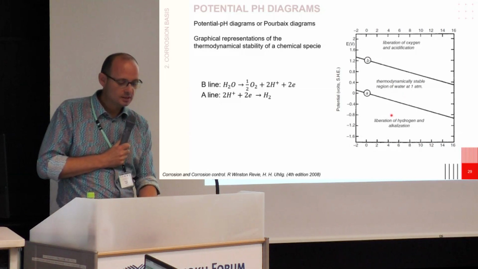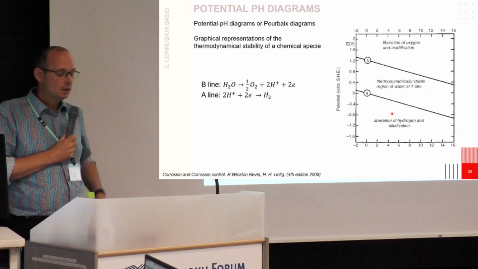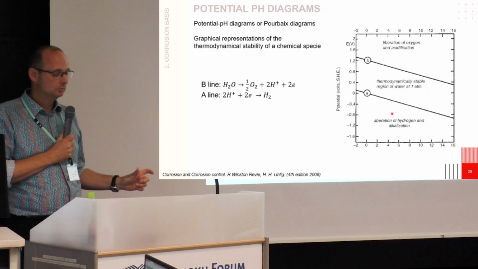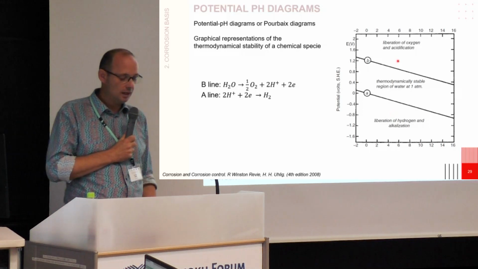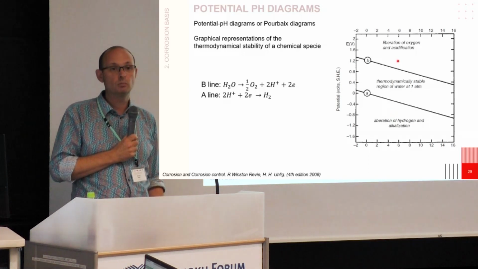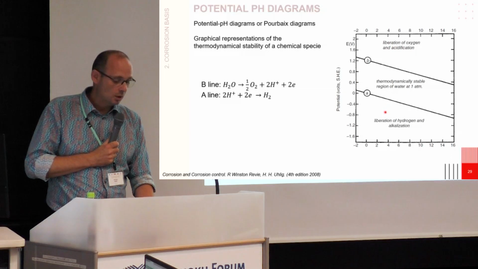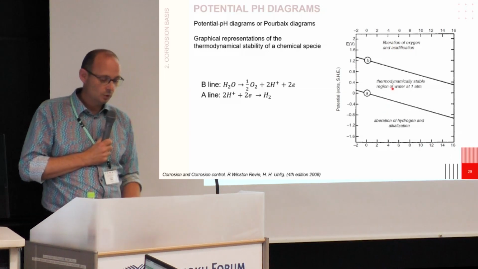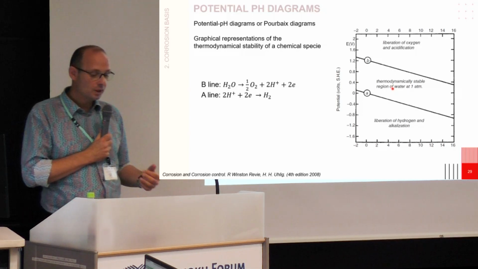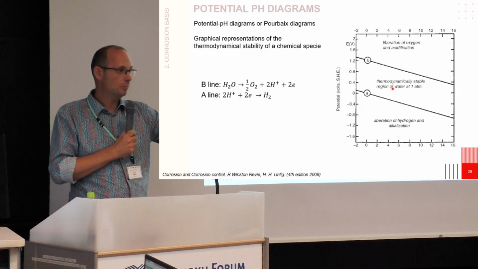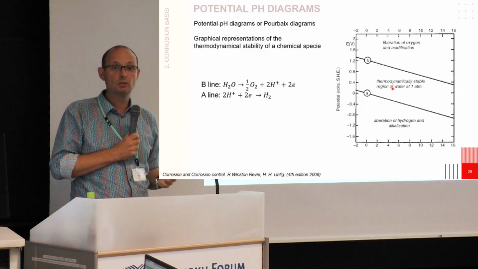Below this line, you will associate the H+ of water and create H2. Above the line, you will degrade water molecules. So here, water is not stable. Here, the water is stable. Okay? So on this diagram of stability of water, we can also paste the stability diagram of any kind of element.